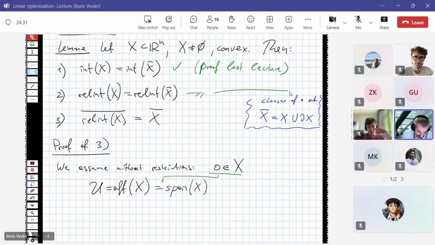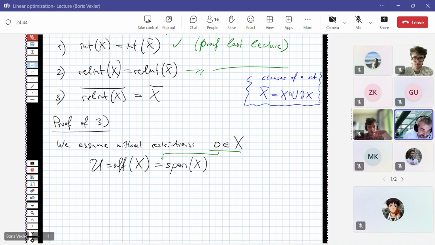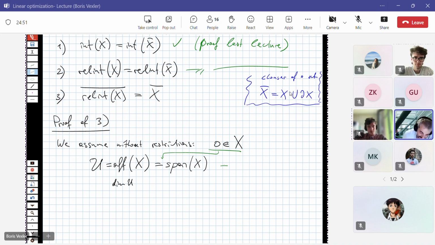Okay, due to the fact that 0 is an element of capital X, we have that affine hull and the span are the same, and this U is of course a linear subspace. The dimension of this U is some number m, which is less or equal than n.